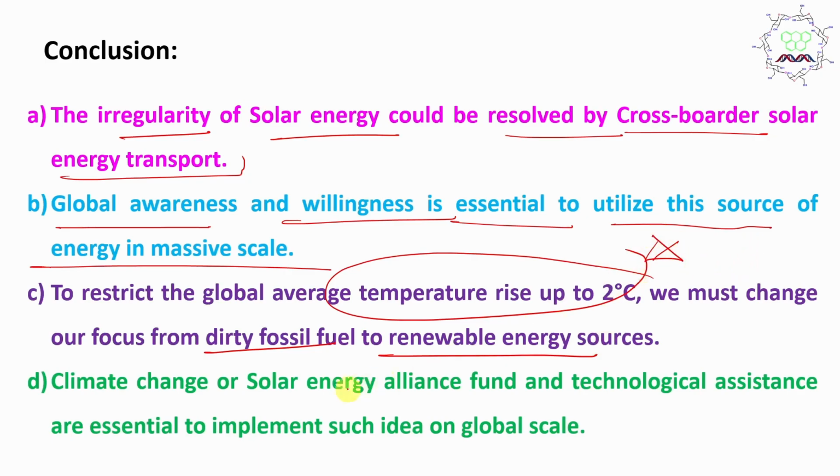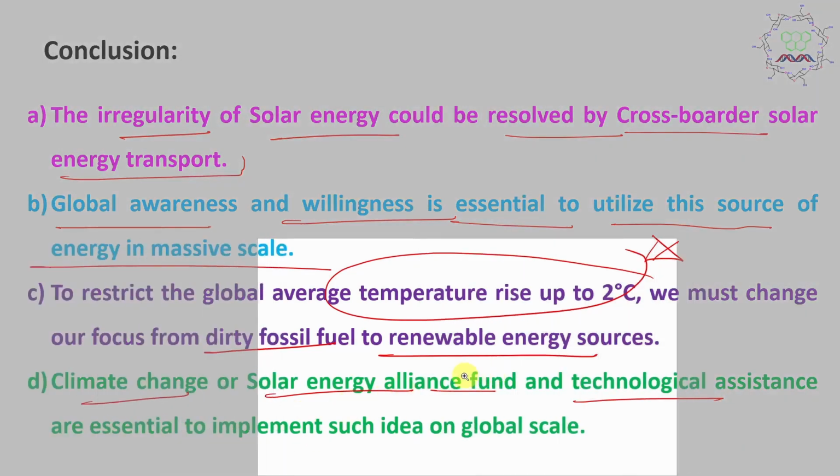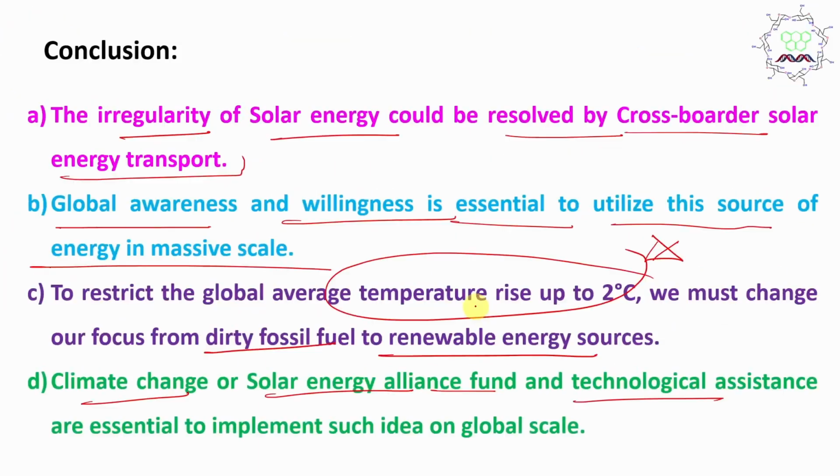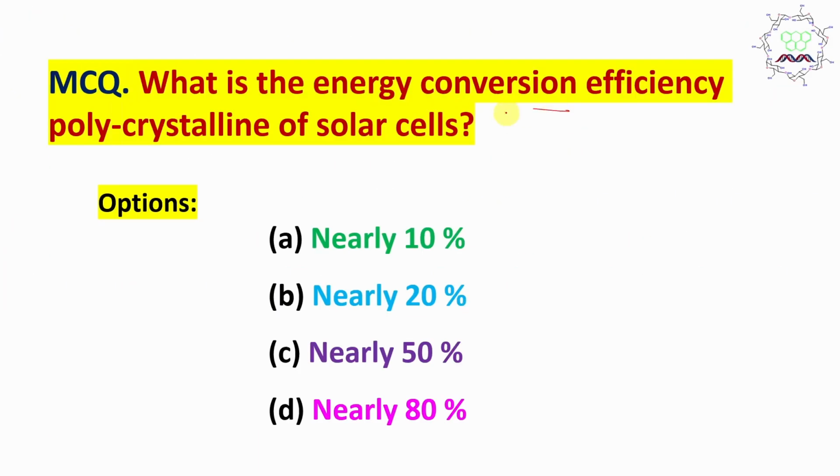And in this case, for the climate change and solar energy alliances, funding as well as technological assistance is essential. Now, what is the energy conversion efficiency of a polycrystalline solar cell? The answer is it's nearly 20%.